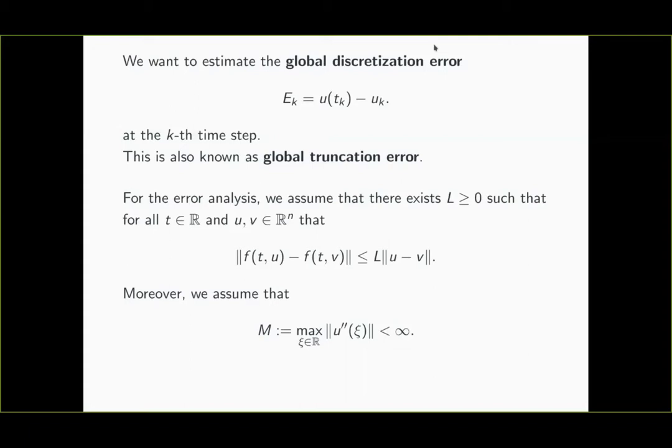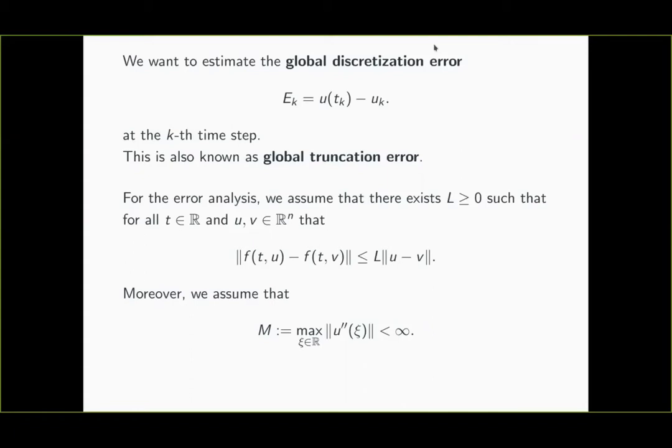That is the first assumption. And the second assumption is that u has second derivatives and that the second derivatives of u remain bounded throughout all times. And we let M be the maximum of the second derivatives that are assumed by u. So we assume that M is an upper bound at any time.